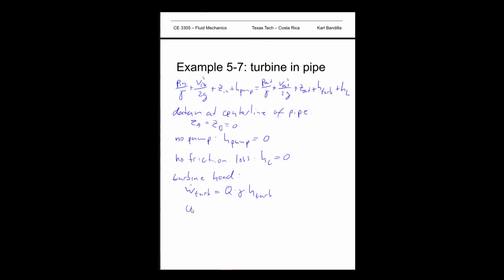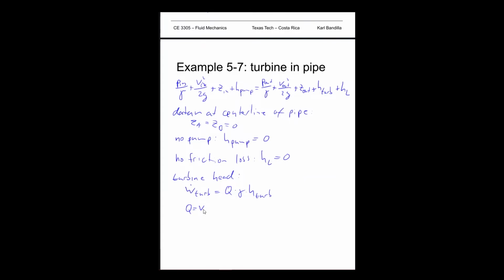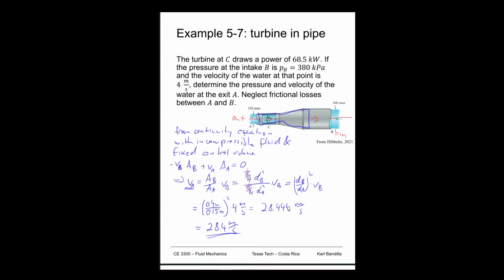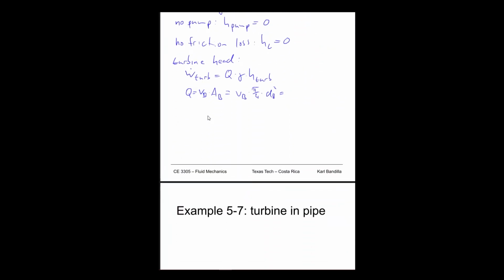Let's see. Q is going to be equal to V, let's take B because that's our given one, just in case we made a mistake with A, times AB. All right, so that would be VB times pi over 4 times dB squared. So that is then 4 meters per second and 40 centimeters.